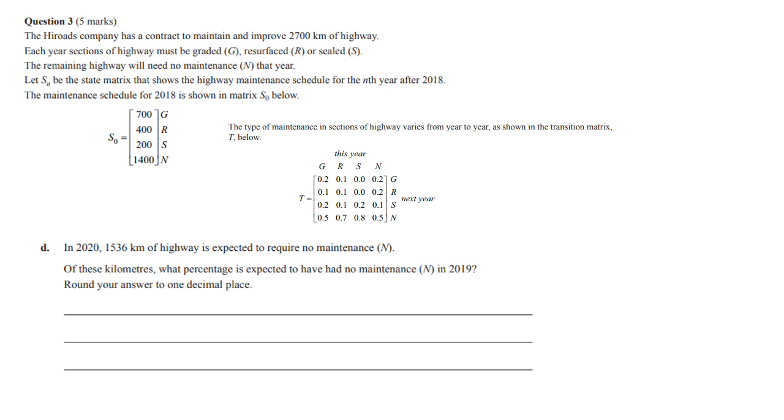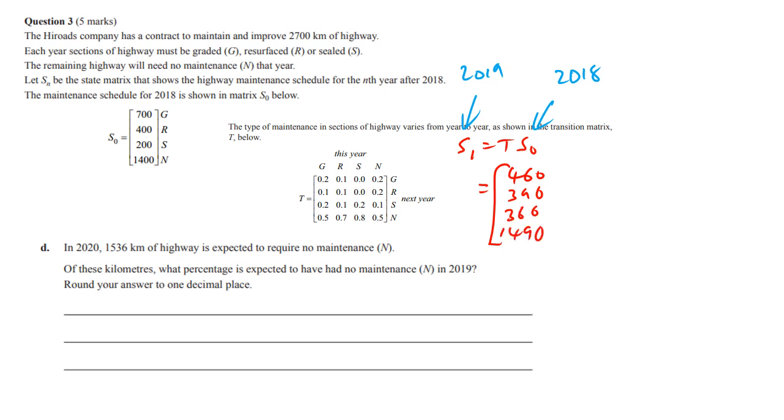So let's just review where we're at. We had a look at S1 equals TS0, where S1 is 2019 and S0 is 2018. Now, we got some values for this, and we worked out that this gives me a matrix of 460, 390, 360, and 1490. And this is our GRSN.